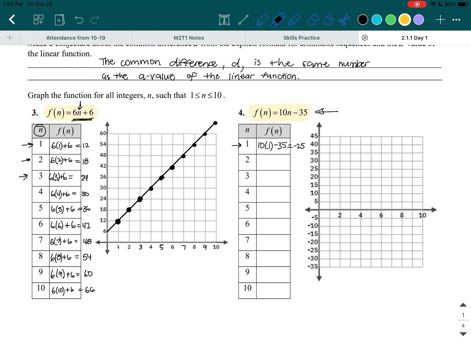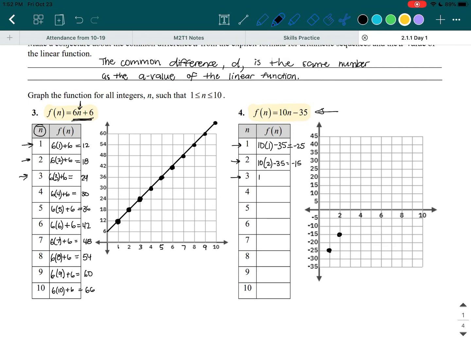So my first point is 1 comma negative 25. Then our next point, we are plugging in the number 2. So we have 10 times 2 minus 35. So then this gives us negative 15. So my point there is 2 comma negative 15.